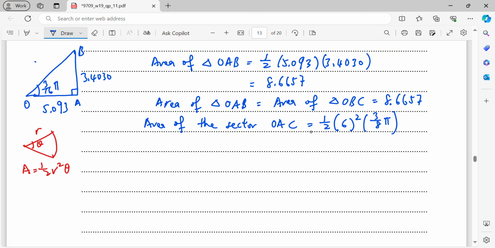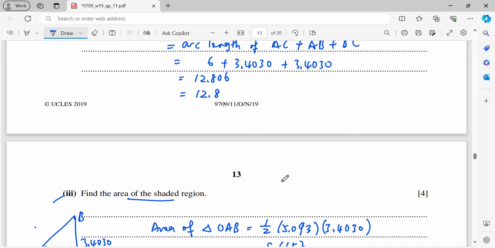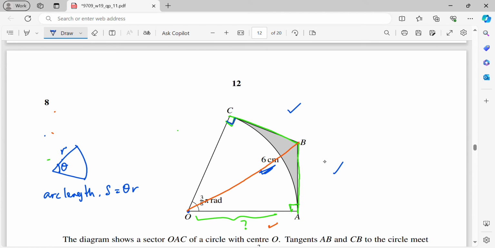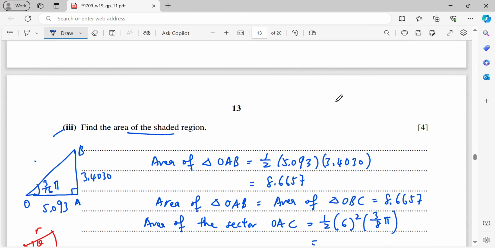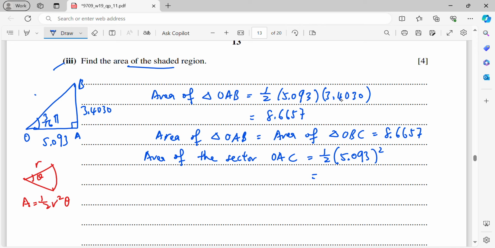Therefore, the radius is not 6. The 6 is this length. The radius is OA, sorry, OA. OA is 5.093. Half R squared theta.